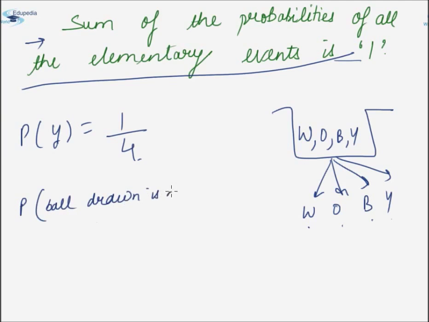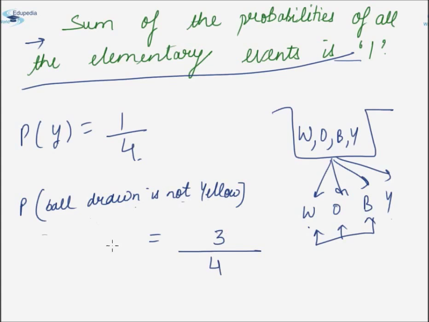Now suppose we are interested in the probability that the ball drawn is not yellow. The favorable outcomes to this event are these 3 outcomes. So the favorable outcomes are 3, whereas the total outcomes possible of this experiment are again 4. So the probability that the ball drawn is not yellow will be 3 by 4.